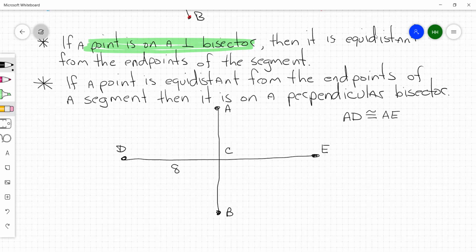Let's make this 8. If AD is congruent to AE, find the measure of angle ACD, and the length of segment CE.